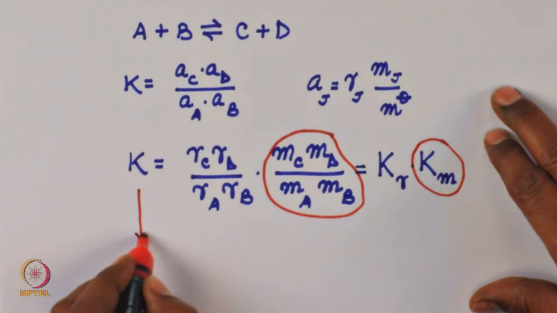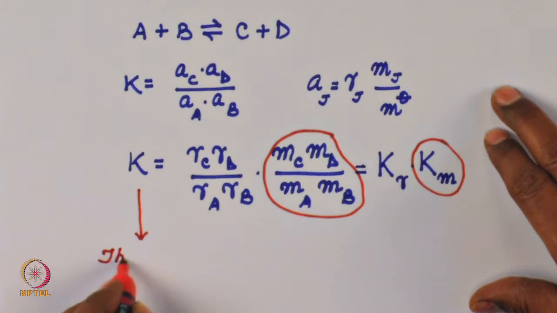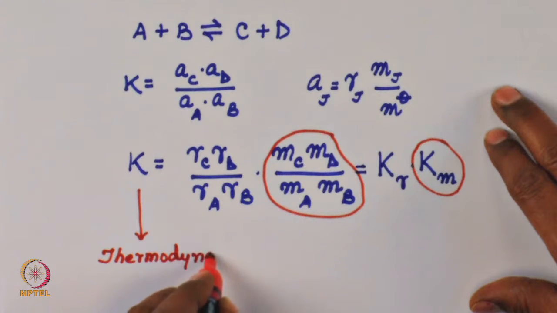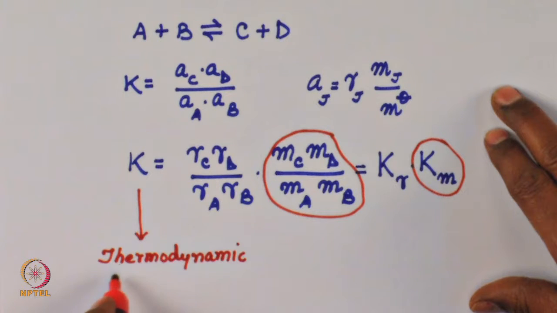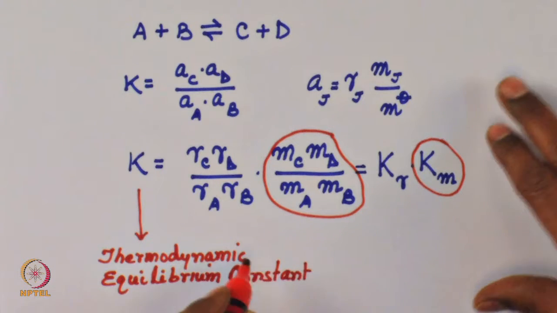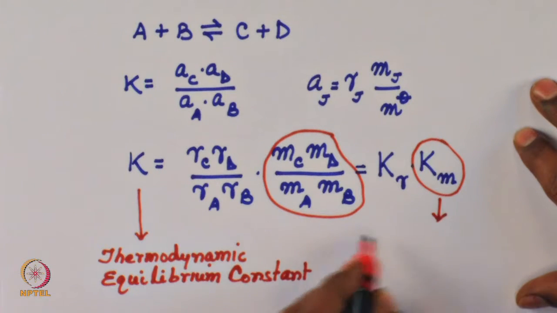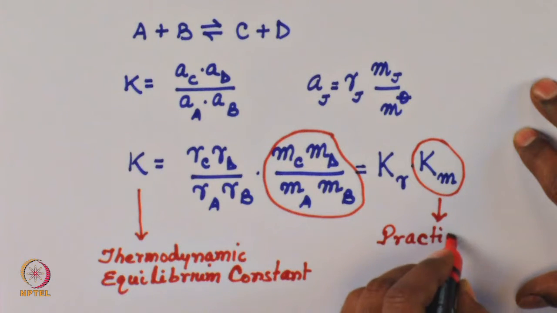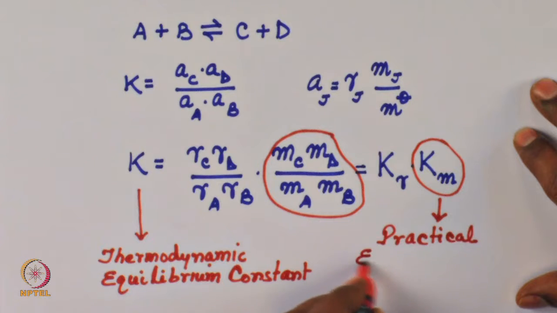K is the thermodynamic equilibrium constant, and K m is the practical equilibrium constant.